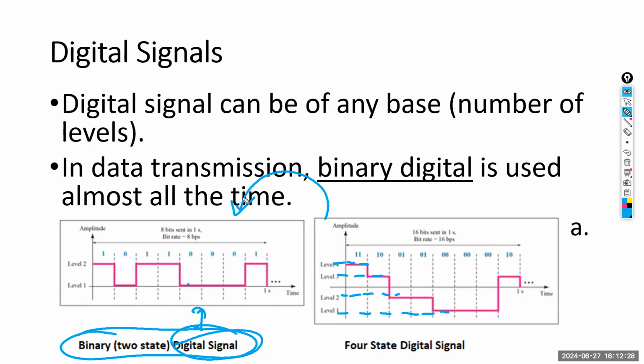So our life is a little bit easier, because when we say digital electronic, we refer to binary digital electronic. The computer is a binary digital electronic device. So when we talk about a digital signal, we always refer to a binary digital signal.